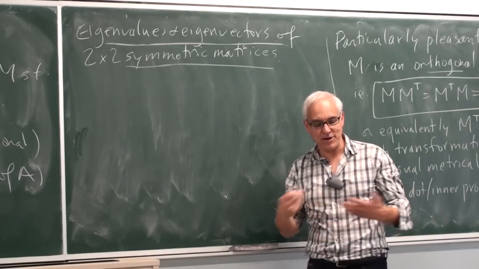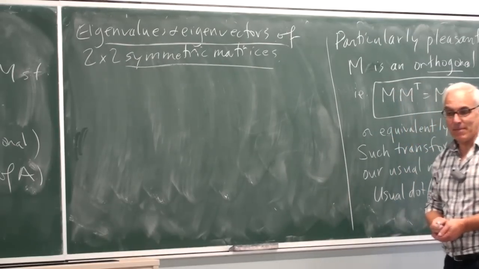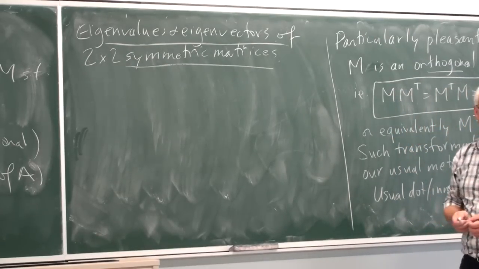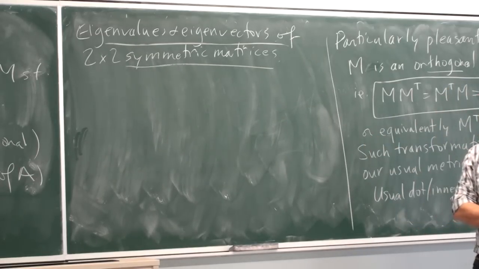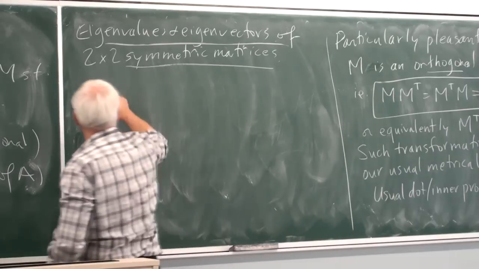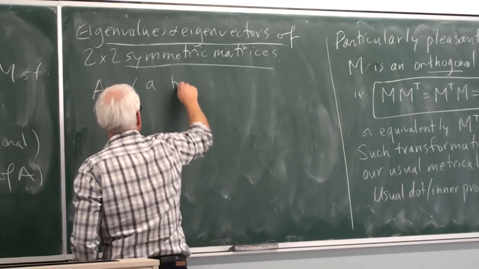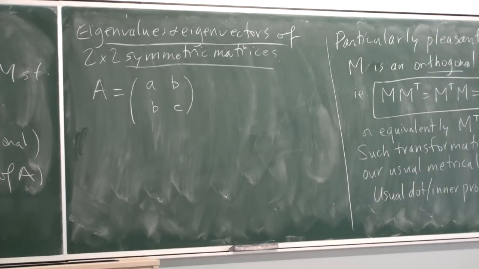The theory of eigenvalues and eigenvectors for symmetric matrices is in many ways much simpler than for general matrices. And we can see that in the case of a 2x2 symmetric matrix directly. So let's have a look at the matrix A that we're starting with, A, B, B, C, and let's see what it looks like if we try to find the eigenvalues and the eigenvectors.